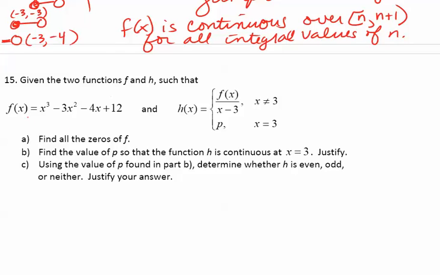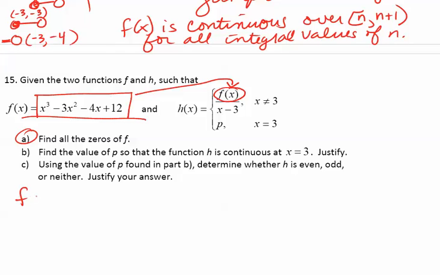We've got first a polynomial function f, and then we use that polynomial function as the numerator in a piecewise defined function. So notice that this polynomial of 4 terms would be the numerator of this function. So our first question A says find all the zeros of f. Well, to find the zeros, we want to find out what makes the y-coordinate equal to 0. And a little reminder of factoring by grouping.